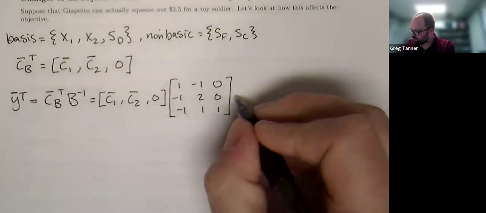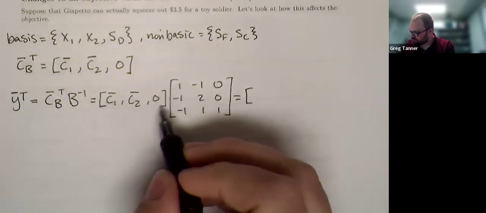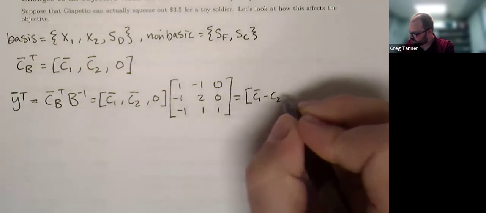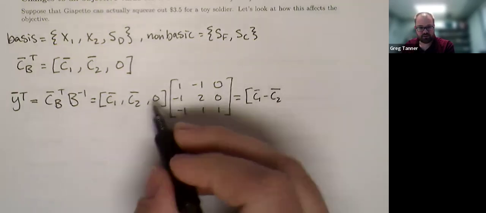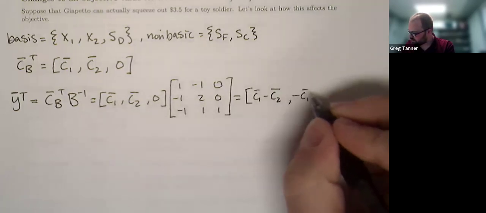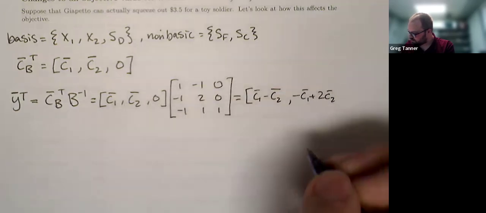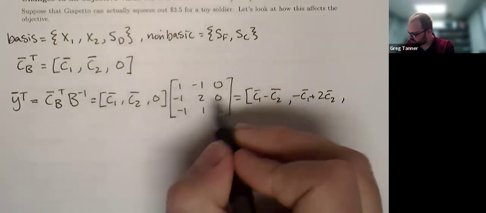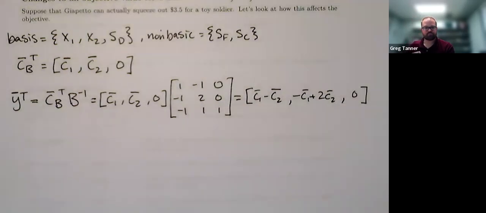Okay, doing that multiplication, multiplying this row vector down this column will give us C1 bar minus C2 bar. 0 means that we can essentially ignore this last row at the end of this one. Then we'll get negative C1 bar plus 2C2 bar, taking this times the second column here. And then this last column, you'll get 0 times C1, 0 times C2, and 0 times 1. And so this last one is equal to 0.